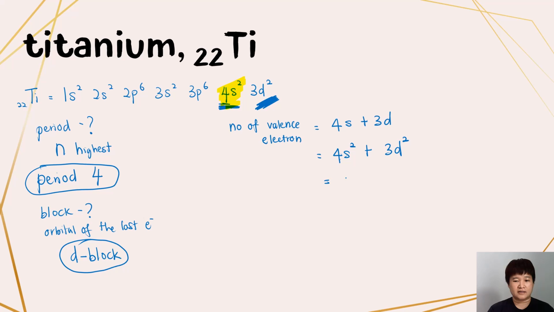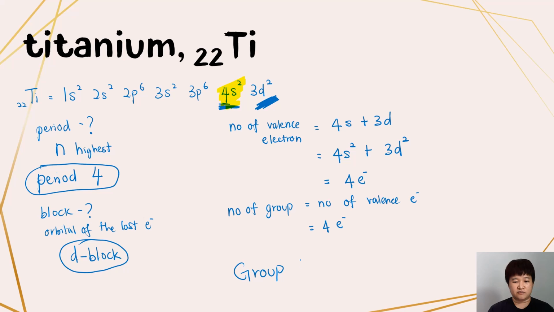So the number of valence electrons over here is 4. Since it's a d block, the number of group will be equal to the number of valence electrons. So I have 4 valence electrons, therefore I will be group 4.